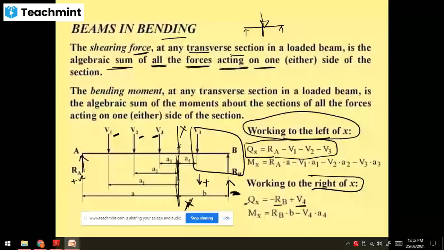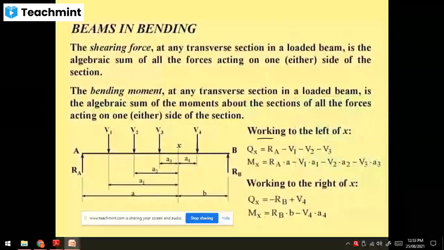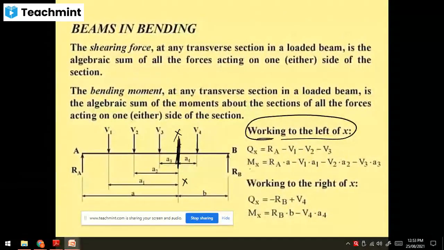Right. Now for bending moment. Again, we will take this section XX, working on the left of the section.